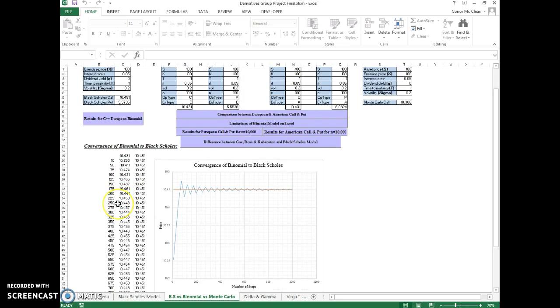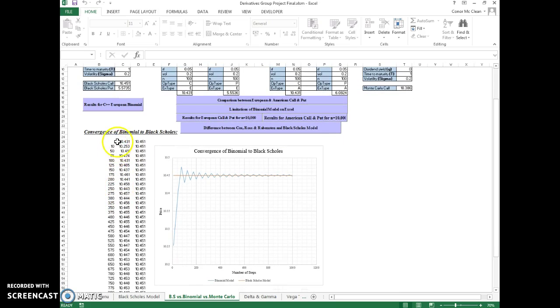Now, we then analysed whether our binomial converged to the Black-Scholes model. As you can see, as the number of steps in the binomial was increased, the time value of the option increased.